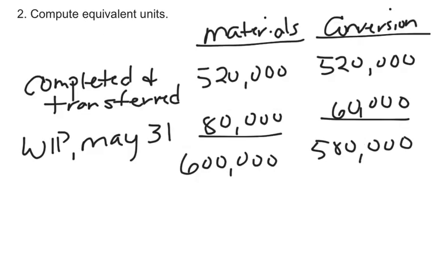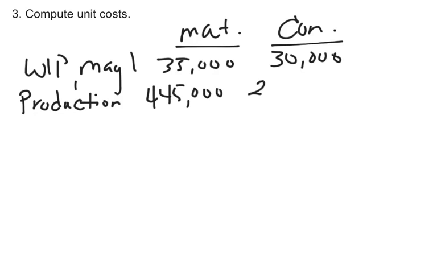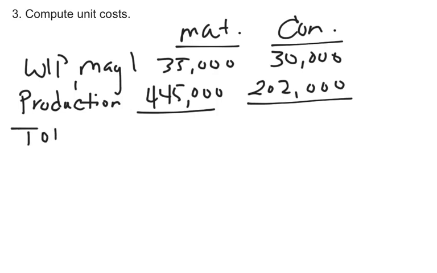So let's add those in. So our production for this month, we added 445,000 and 202,000. So we've got total costs here of 480,000 and 232,000.